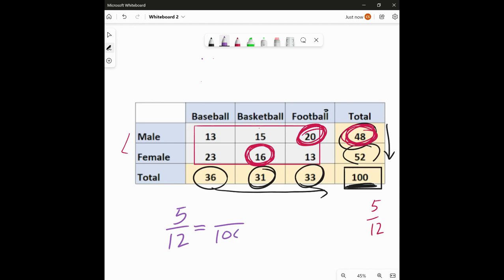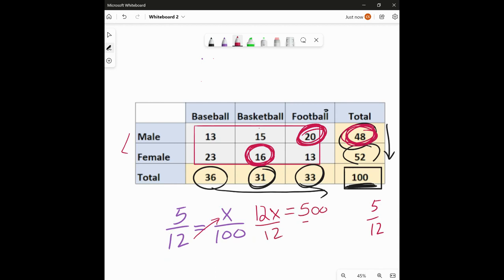But percent means out of 100, so I don't know what number out of 100. So I could make a ratio and set it up like this. I'm trying to find out what percent, so what number out of 100 is 5/12, and then I could just do cross multiplication. So 12 times x is 12x, and 5 times 100 is 500.